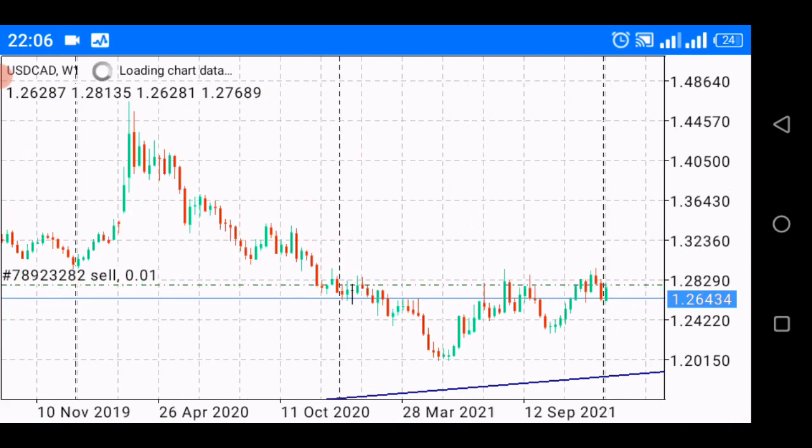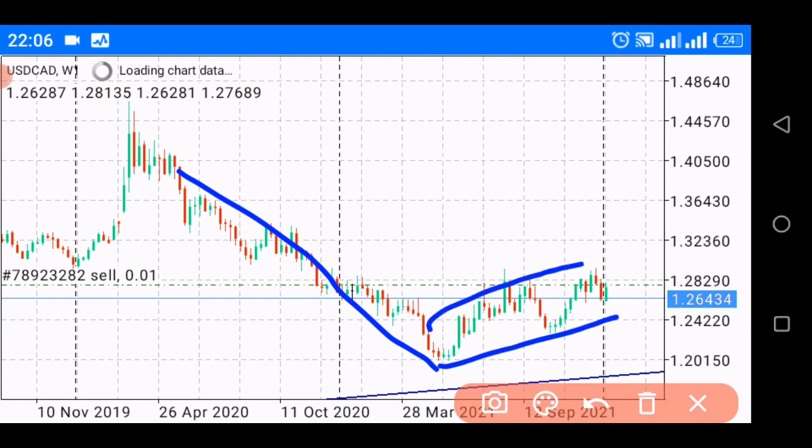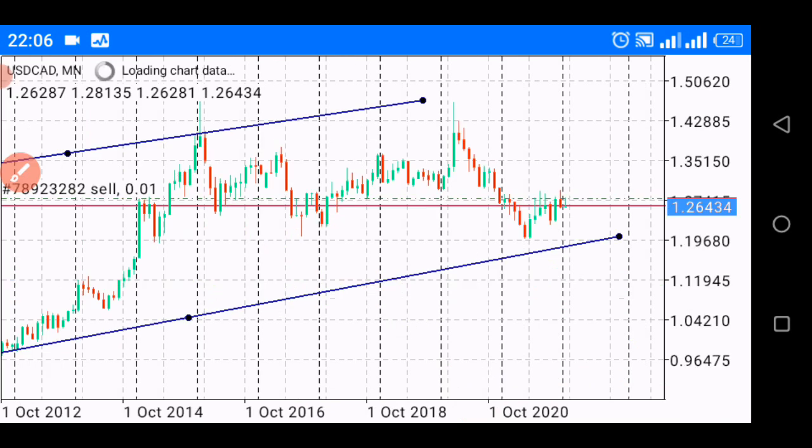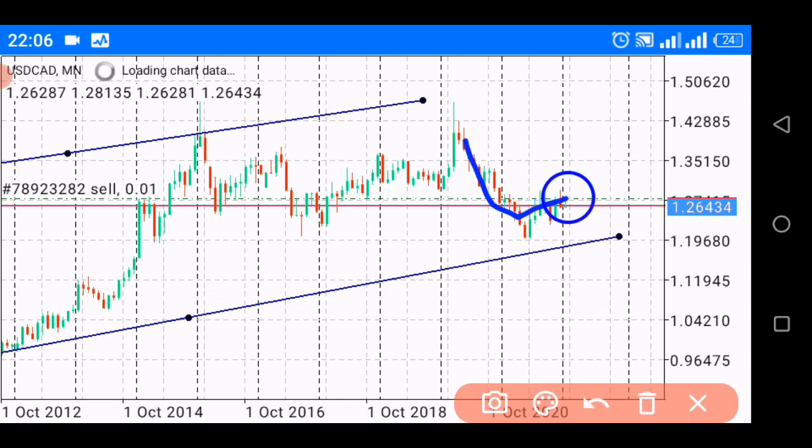You can see the impulsive movements here. There's something again I want to tell you. Let's look at this. In the monthly, it's like a tiny flag for us.